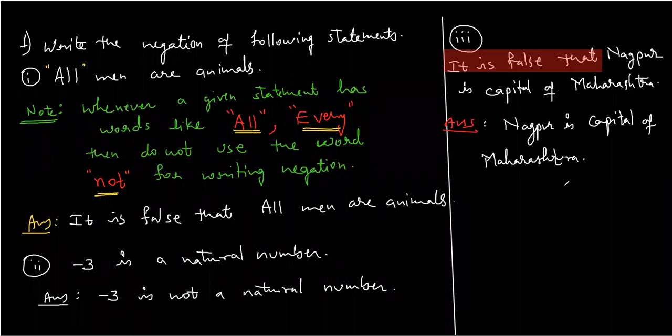This is my answer. See, the given statement, it is false that Nagpur is capital of Maharashtra, and its negation is this: Nagpur is capital of Maharashtra. They are negation of each other.